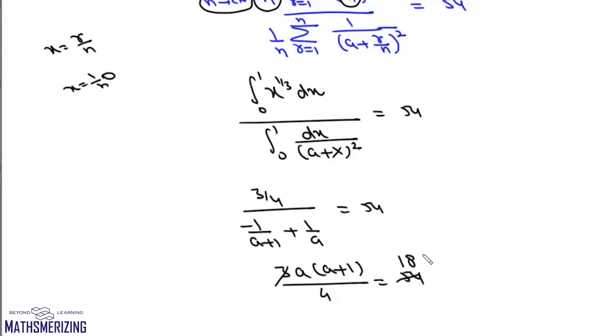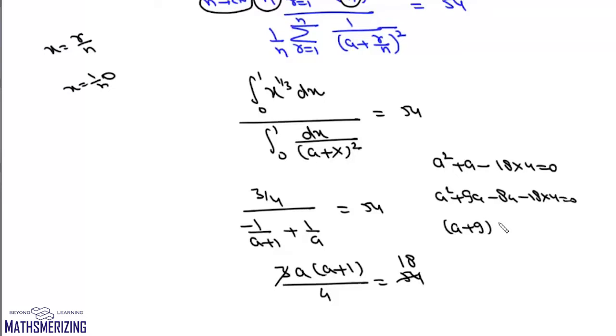So we'll get this equation as a square plus a minus 18 into 4 equals 0. So it will be a square plus 9a minus 8a minus 18 into 4 equals 0. So it will be (a plus 9) into (a minus 8) equals 0.